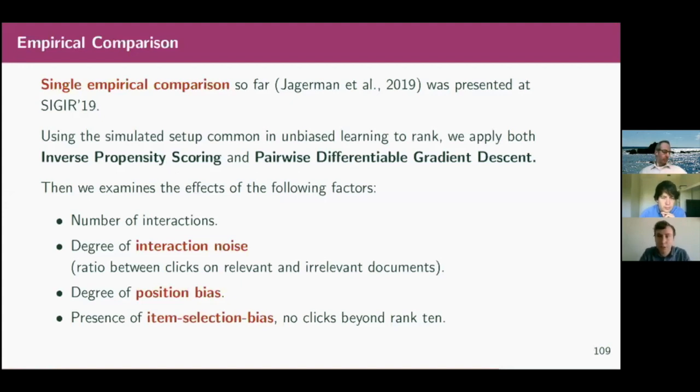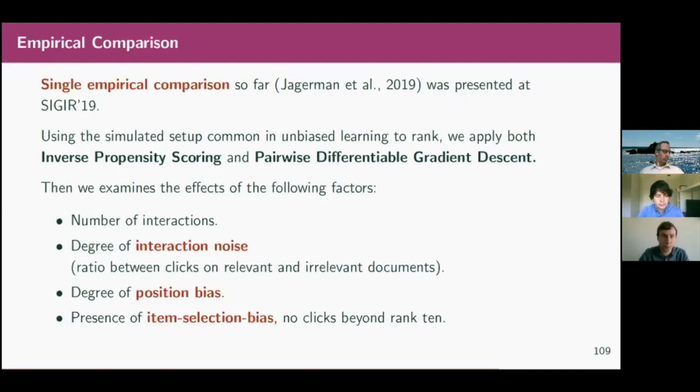In this work, we use a simulated setup that is very common in unbiased learning to rank, and we apply it both to the inverse propensity scoring methods that we presented in the counterfactual learning to rank part of this tutorial, and also to the pairwise differentiable gradient descent method that we presented in the online learning to rank part of this tutorial. And in this work, we examine the effects of several different factors on these two different methodologies.